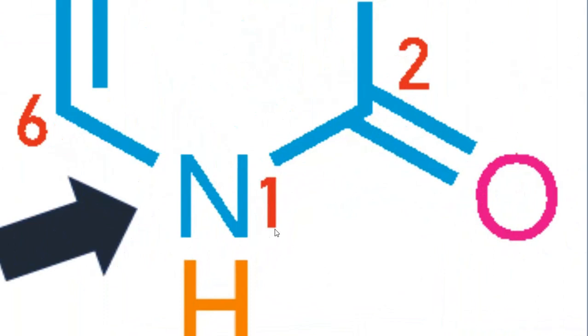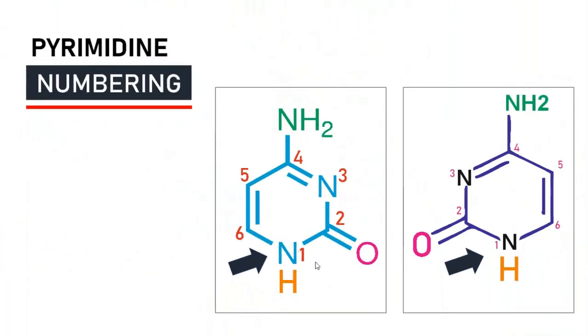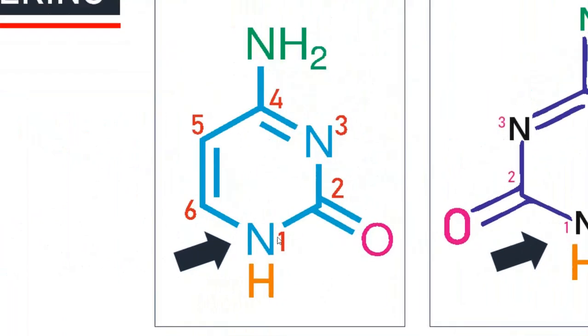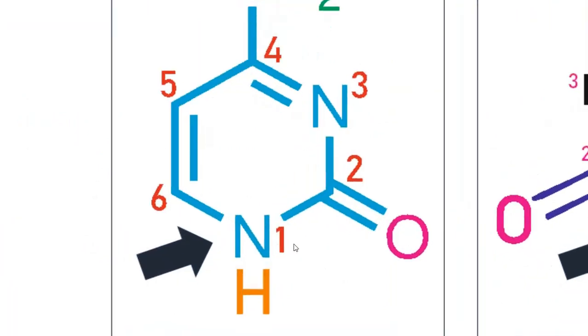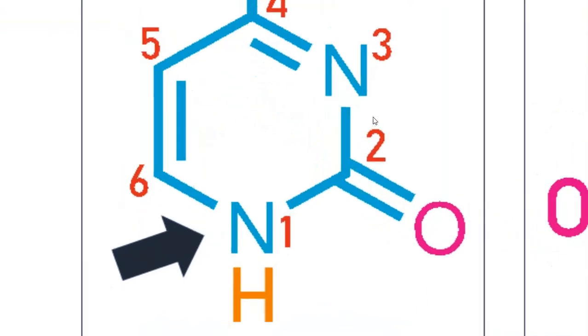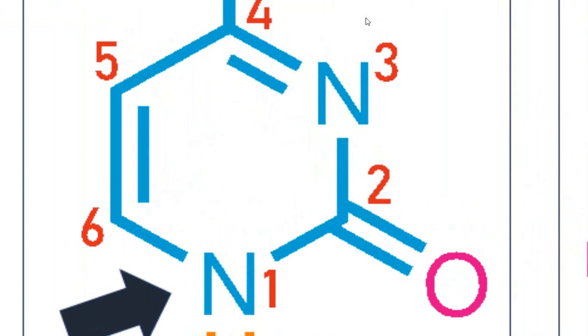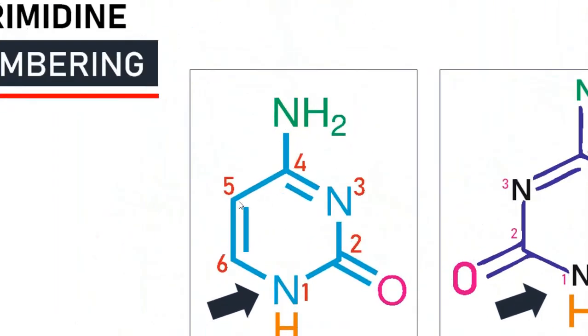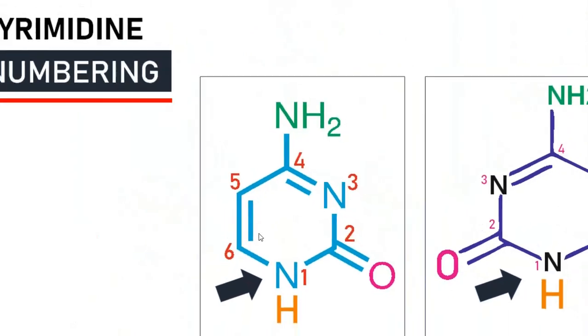In the case of the purines, the nitrogen present at the top position is labeled as N1, but in the pyrimidines, the nitrogen which is located at the basal position is labeled as N1, and we have to ensure that the other nitrogen should get the least number. Then we move in this order: nitrogen 1, the carbon at the second position, the nitrogen at the third position, and then the fourth carbon, fifth carbon, sixth carbon.